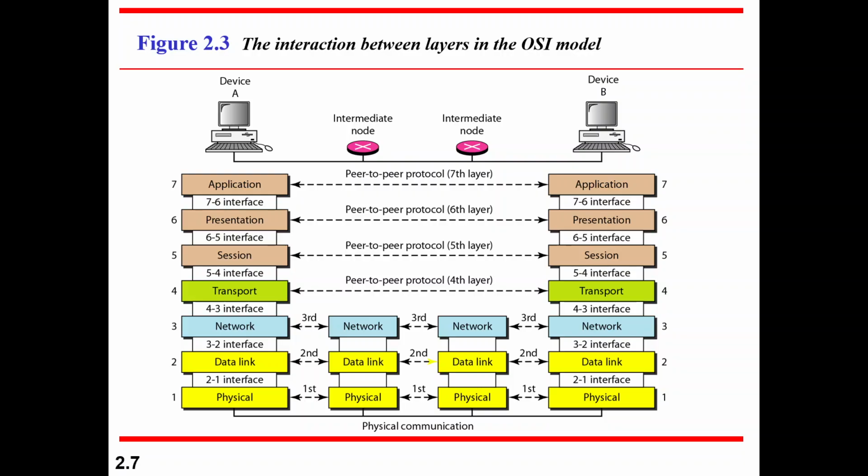Organization of the layers. The seven layers can be thought of as belonging to three subgroups. Layers 1, 2, and 3, physical, data link, and network, are the network support layers.